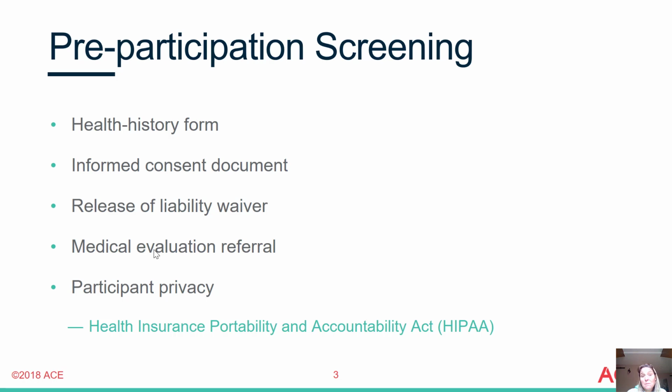Then you would decide if they need medical evaluation prior to starting your particular class or program, and you would refer them to their healthcare provider. We'll get into this a little more in the personal trainer class, because in personal training we're normally independent contractors, so we definitely want to have these forms in our arsenal. We'll talk more about those in that class too.